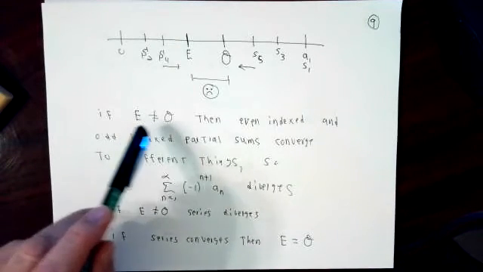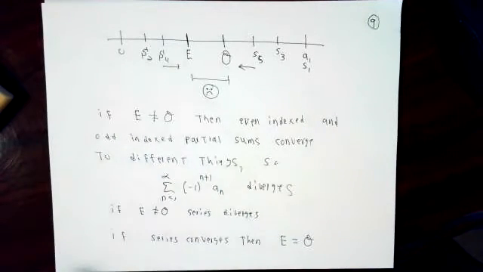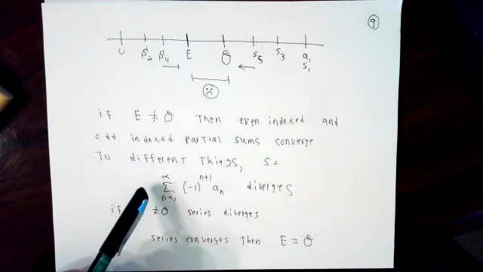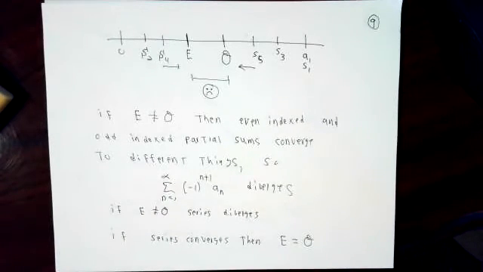So if E is not equal to script O, then the infinite series in question diverges. If you take the logical contrapositive of this, if the series converges, then E does have to equal script O. But see, this is not what we want exactly.